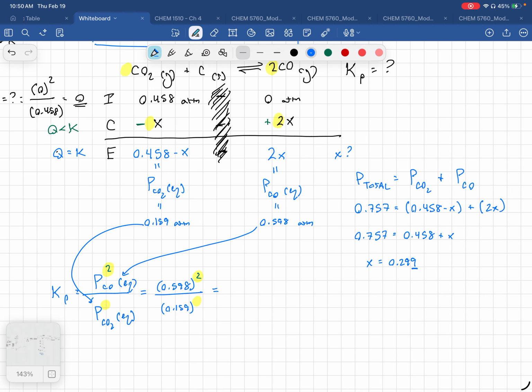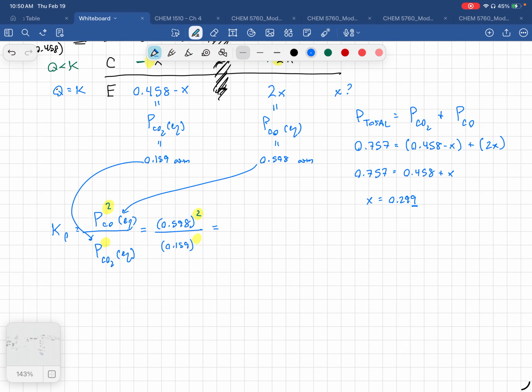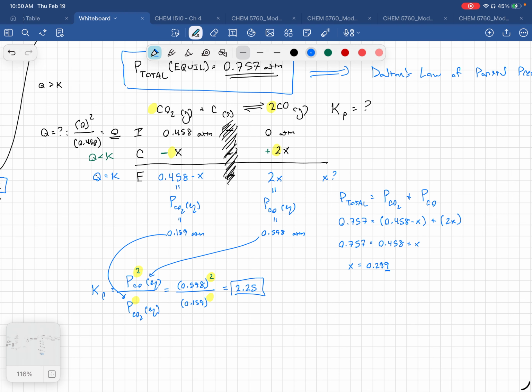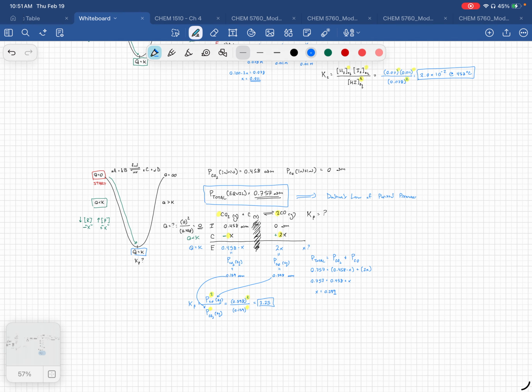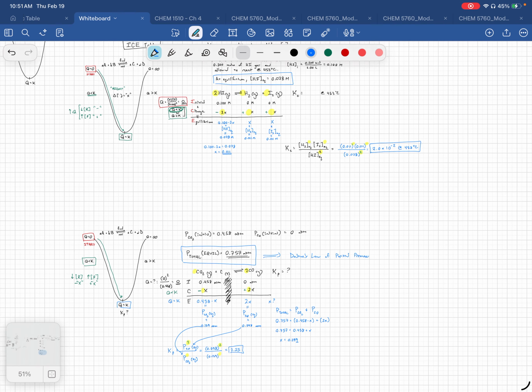So 0.598 squared divided by 0.159, we get a final answer of 2.25 as our equilibrium constant using pressures for this calculation. So that is just some calculations so far.